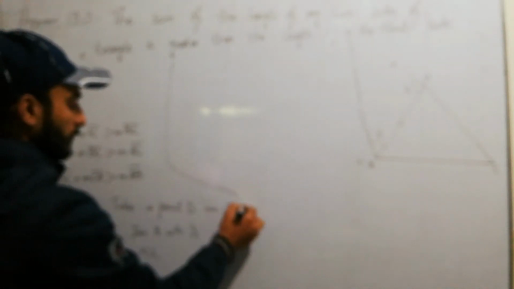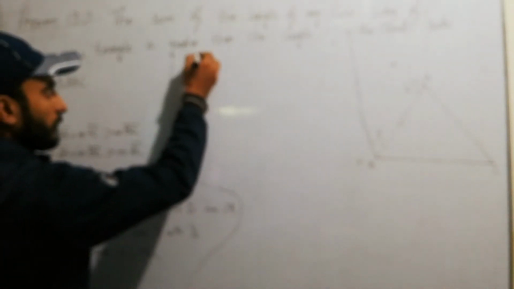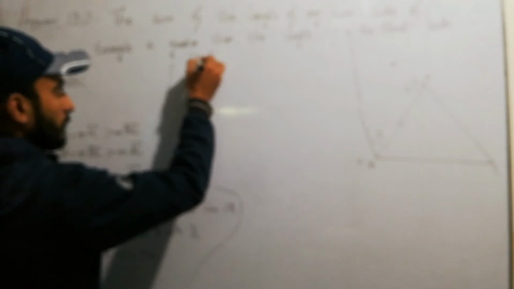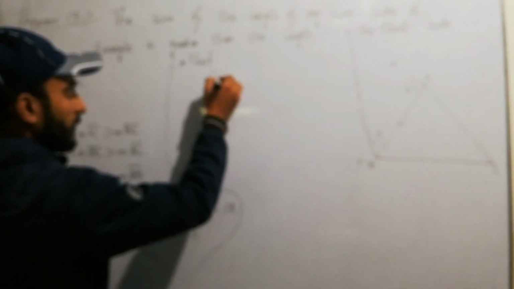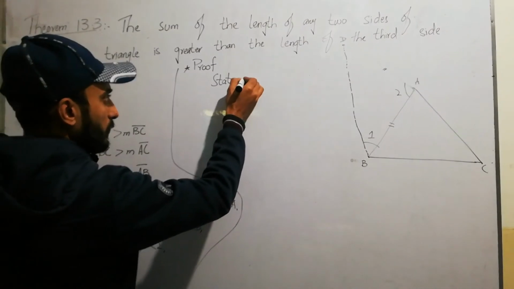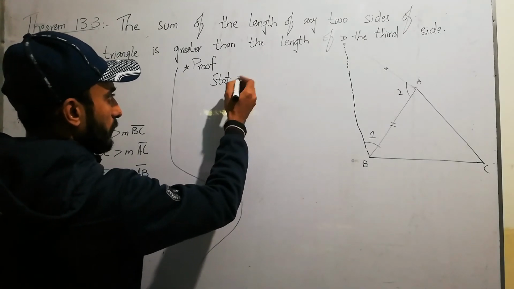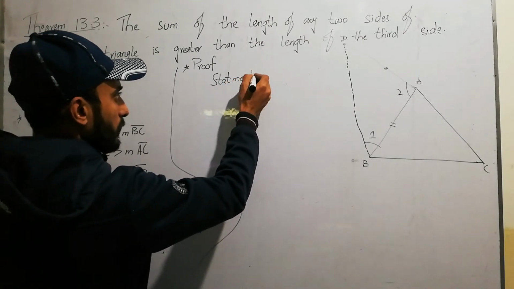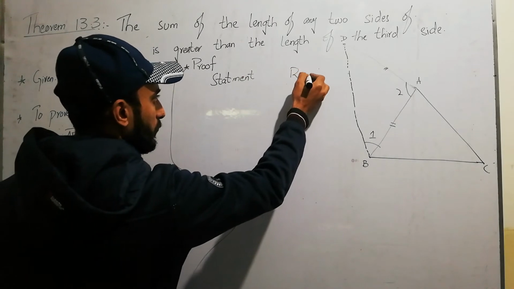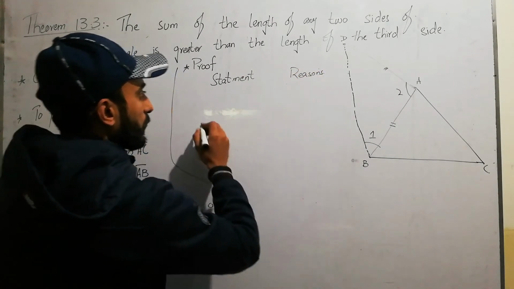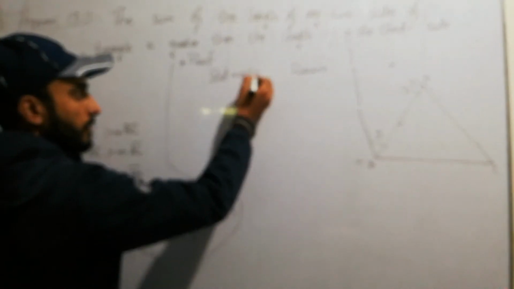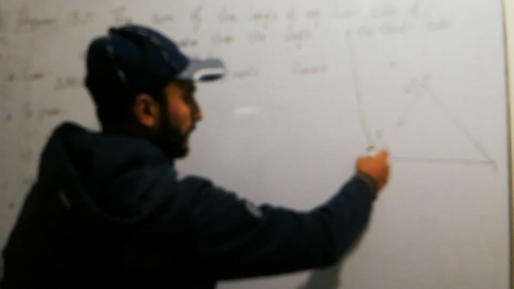Now in proof, we have to prove this. There is a statement and reason. First of all, we can take this length AB is congruent to AD.